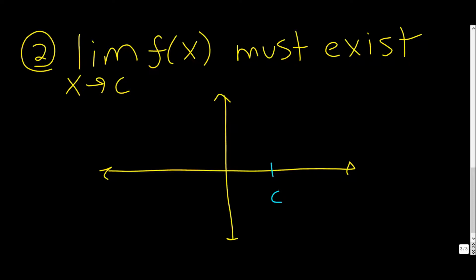From one side and from the other, they have to be going to the same place. If they're going to different values, or if that limit doesn't exist, either it's infinite or they don't match side to side, then we're not going to have continuity there.